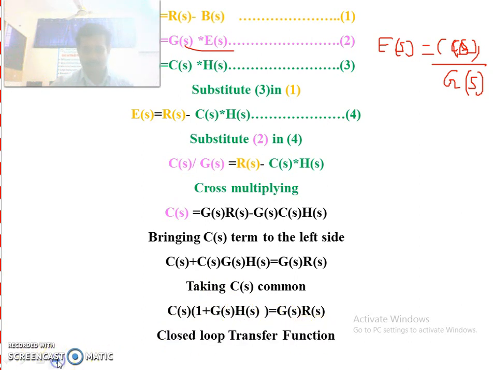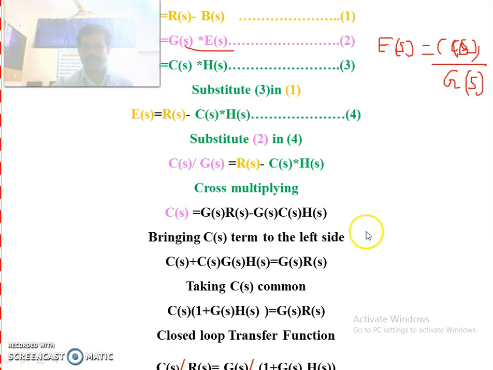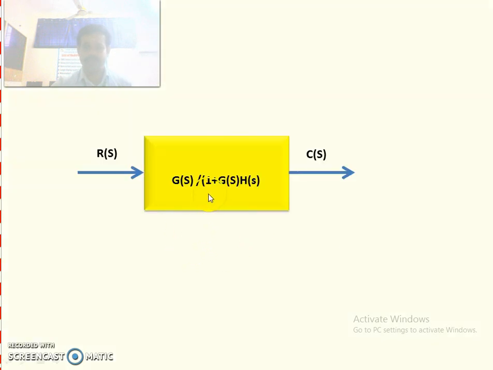So you will be getting the closed loop transfer function as C(s) by R(s) is equal to G(s) divided by 1 plus G(s) H(s). So a simple feedback loop with a forward path and a feedback path can be combined into one block whose transfer function is G(s) divided by 1 plus G(s) H(s).